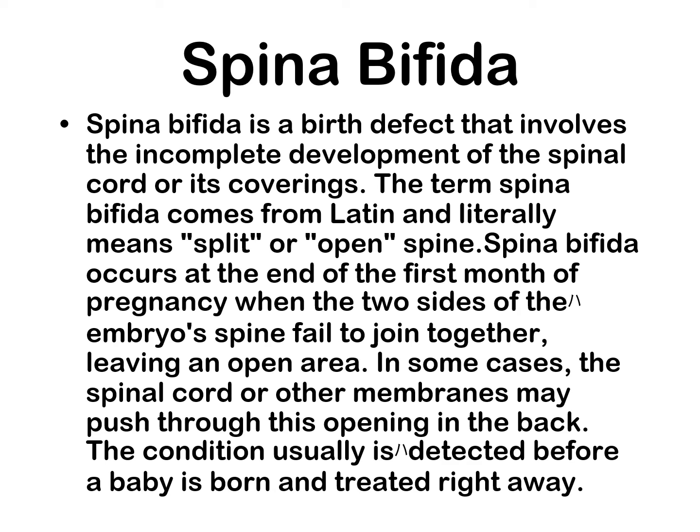Spina bifida occurs at the end of the first month of pregnancy when the two sides of the embryo's spine fail to join together, leaving an open area. In some cases, the spinal cord or other membranes may push through these openings in the back. The condition usually is detected before a baby is born and treated right away.